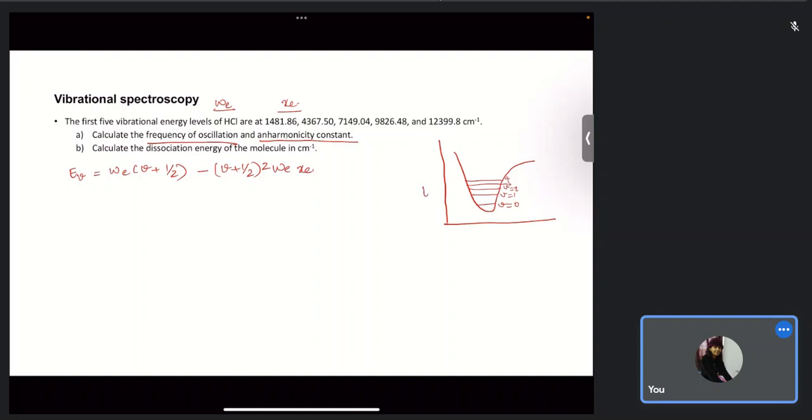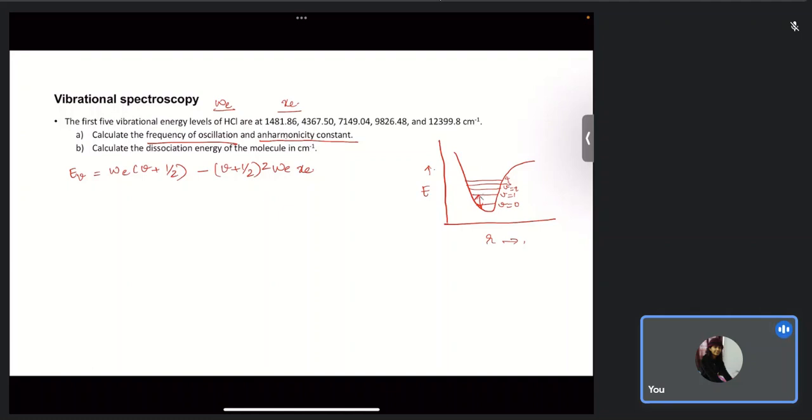So if this is E, this is R. When we go to the anharmonic limit of vibrations, we can see that the energy gap between the levels is no longer uniform.